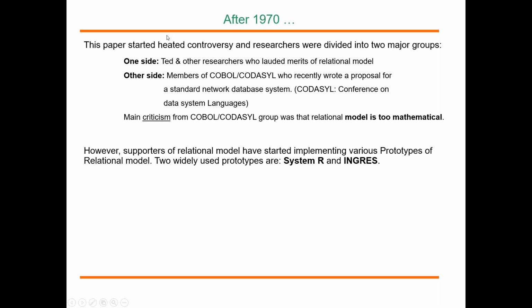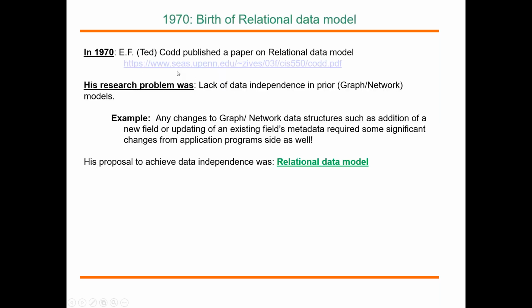However, these guys never gave up. Supporters of the relational model started implementing various prototypes of the relational model. From 1970, after the birth of this relational paper, this group started implementing prototypes, because Codd's paper is more on the theoretical side.